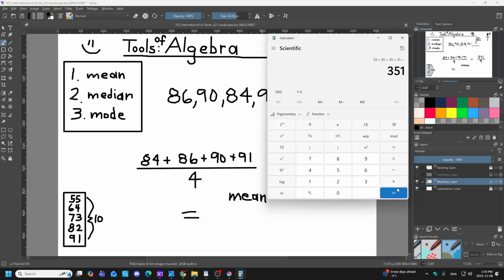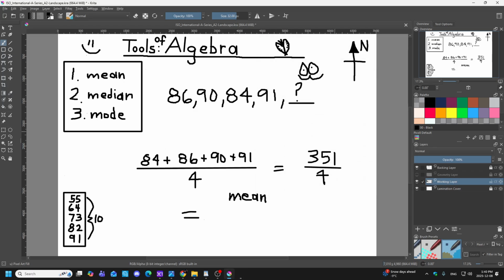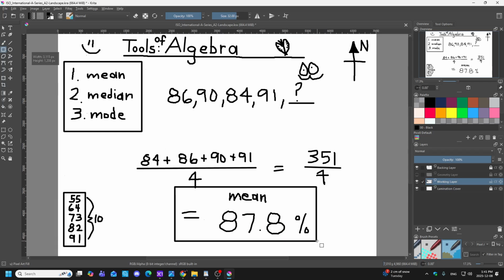We're just kind of doing this part for fun, and then divided by 4, 87.75, okay? If we round up, we're going to round up to 87.8. All right, so that's his average, or mean, for 4 exams.